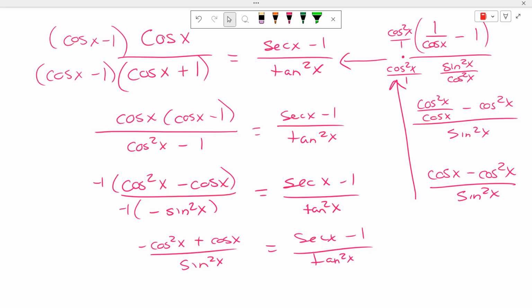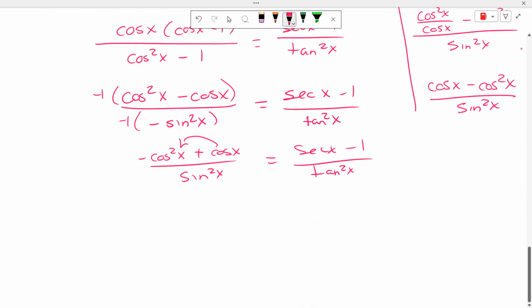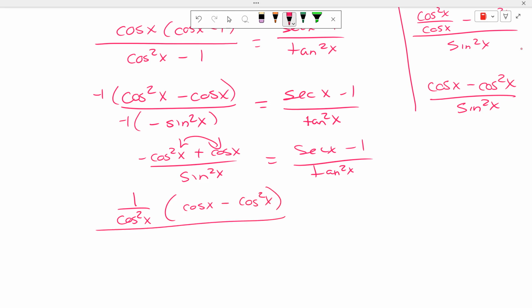So if I multiply top and bottom by 1 over cosine squared, I can get basically to where I need to be. So I have to do the reciprocal of what I did here. So I'm going to switch these two around and multiply by 1 over cosine squared of x times cosine of x minus cosine squared of x over sine squared of x times 1 over cosine squared of x.